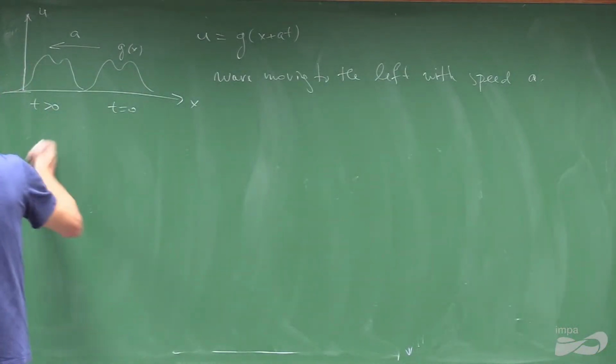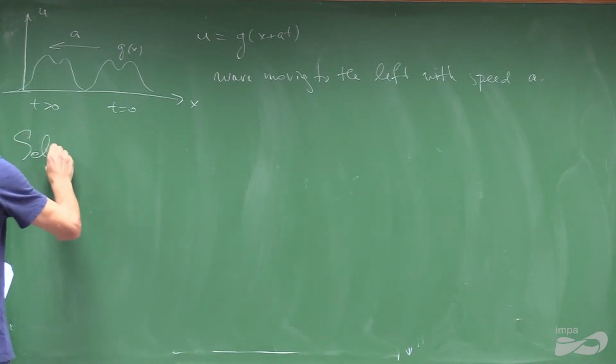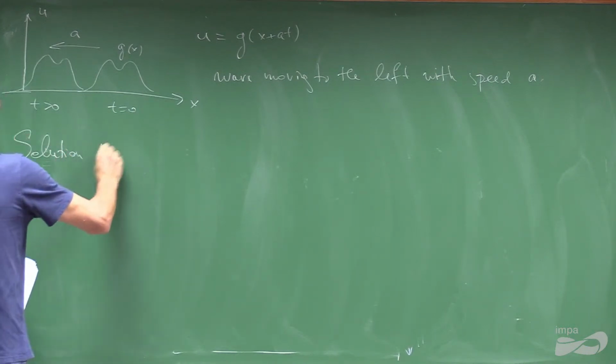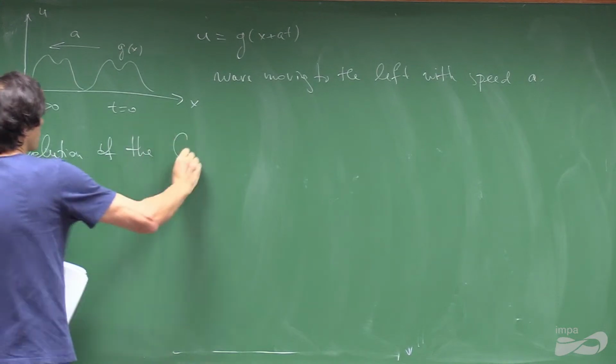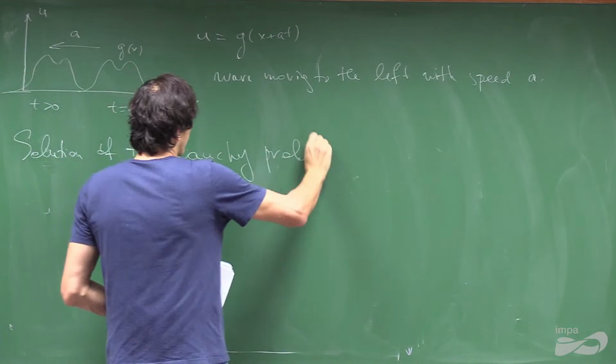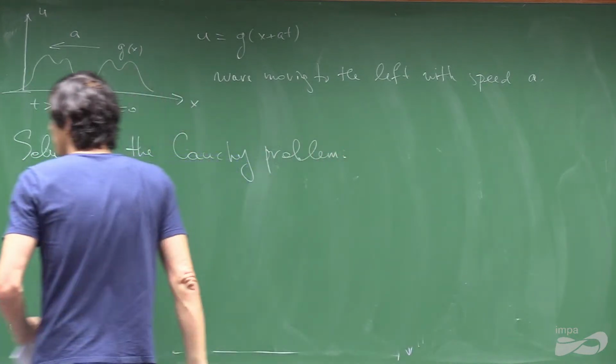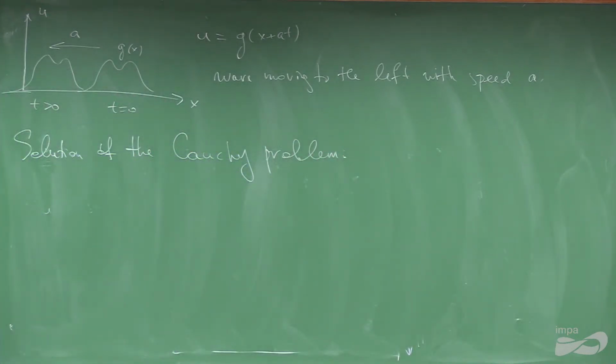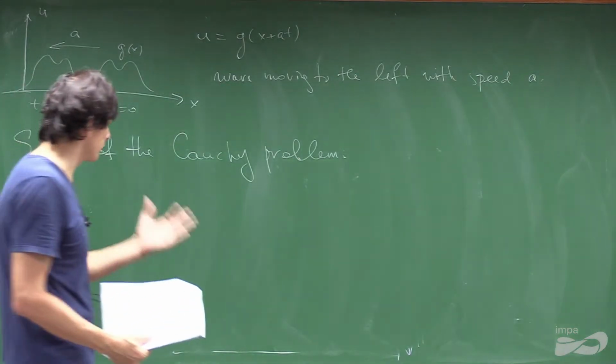So now we can write a solution of the Cauchy problem. Cauchy problem is the equation of motion plus initial condition. So how to solve an equation of motion if you have a given initial condition.